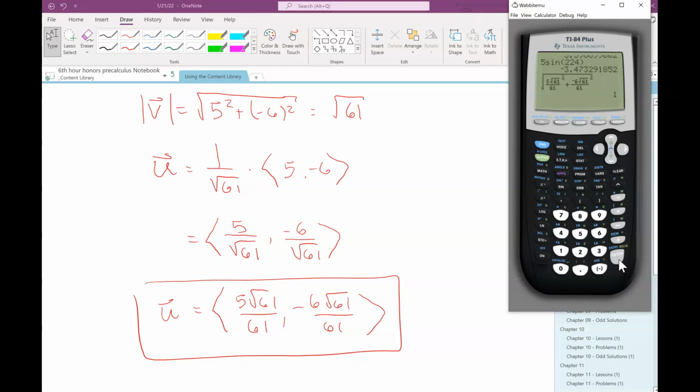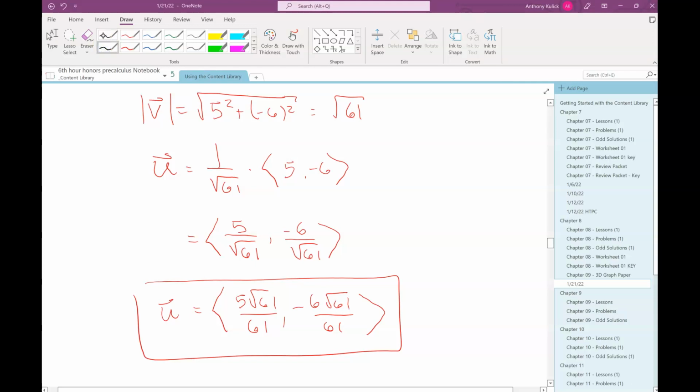And when I do the magnitude on my calculator, I get 1. Everybody feel pretty convinced? Okay.